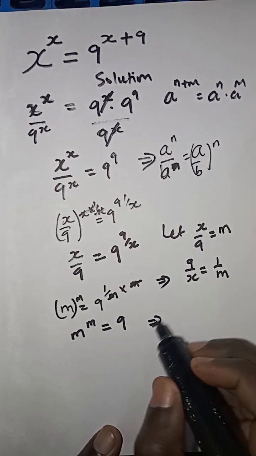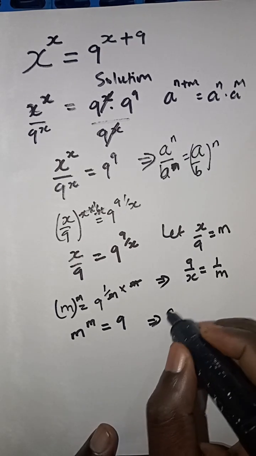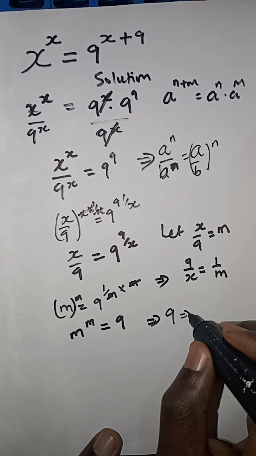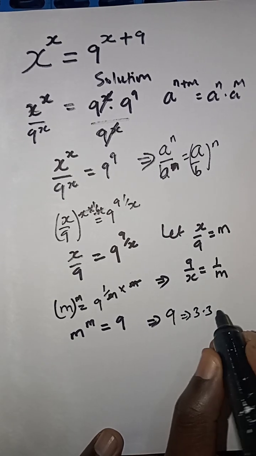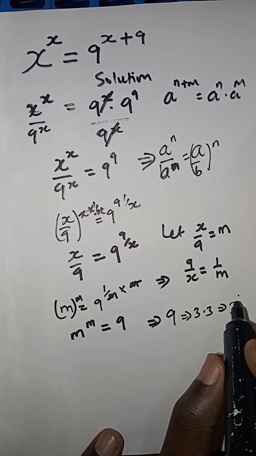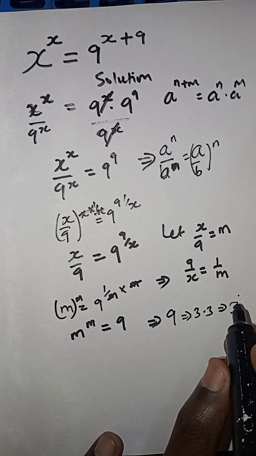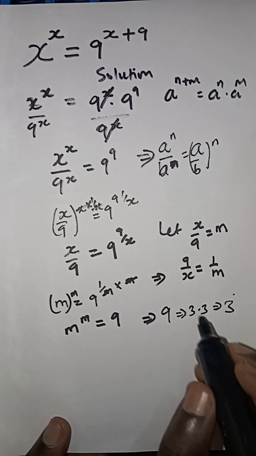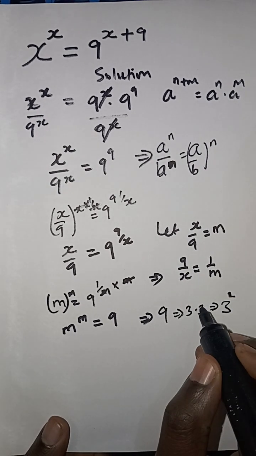Then this implies that I need to write 9 in terms of its power form, which is the same as 3 by 3, or 3 squared.